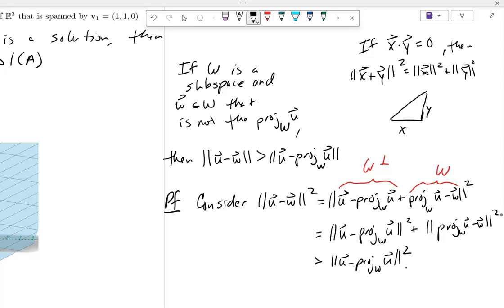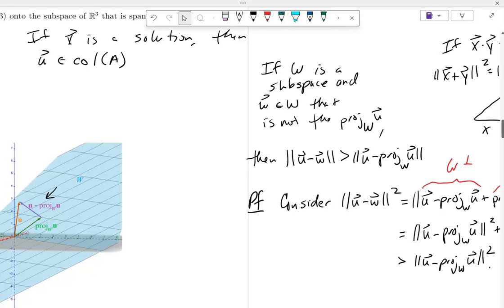What makes this as small as possible? That projection. So what we're saying by this is that this projection really is the best approximation of this vector that lands in the subspace. That's the idea.